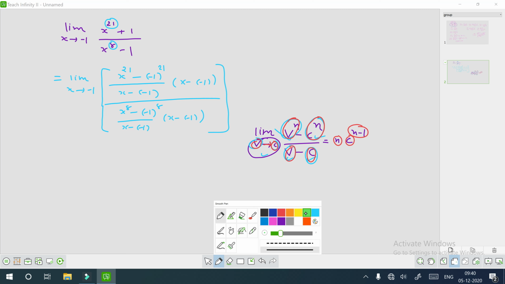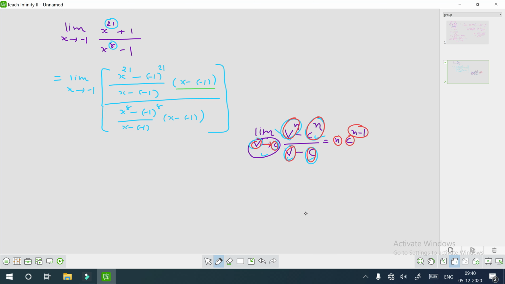Now see here, this term as well as this term got cancelled. We get this part in the numerator and this part in the denominator quantity, and of course it is of this form.